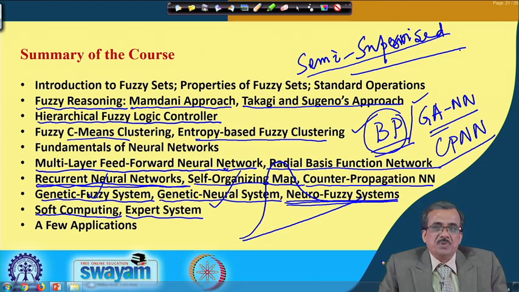Now, in this particular course, we discussed two applications in detail. One is how to design and develop intelligent and autonomous robots.